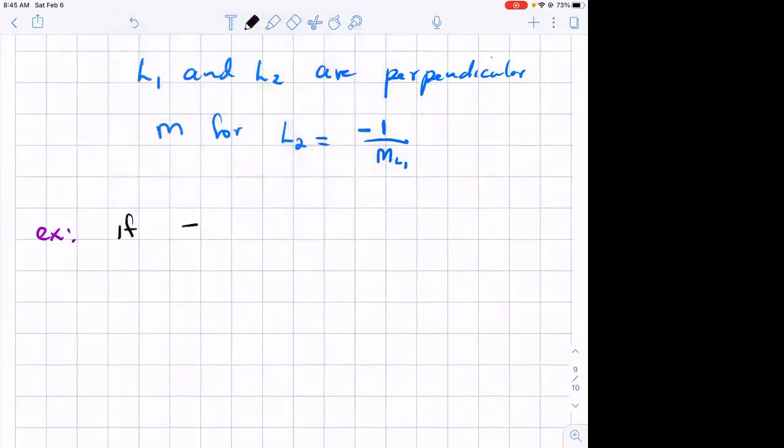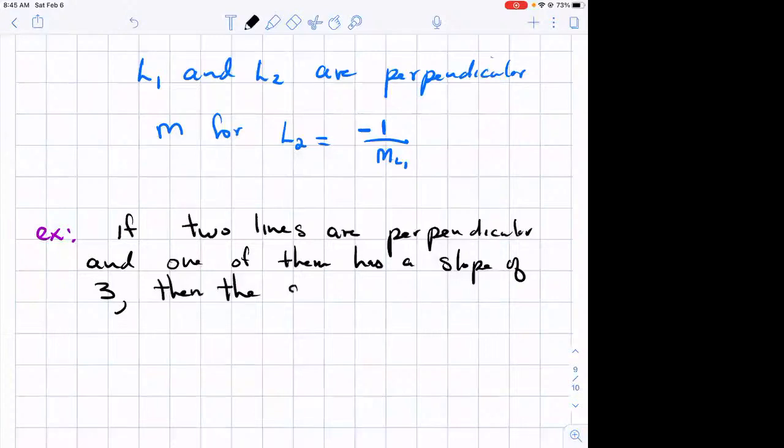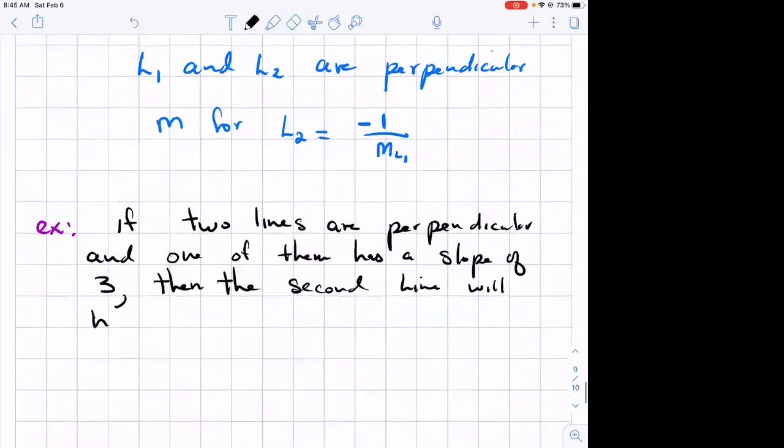If two lines are perpendicular, and one of them has a slope of 3, then the second line will have a slope of what?